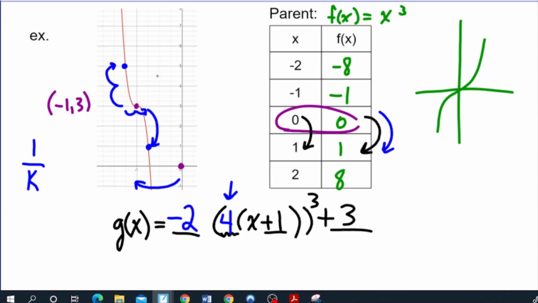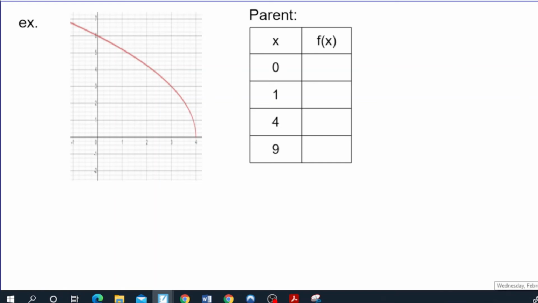Well, that's not happening in the graph, so how do we use that information to figure out what the horizontal compressions and stretches might be and what the vertical stretches and compressions are? This is a skill that takes some practice, and I cannot show you every possible scenario that you're going to encounter.